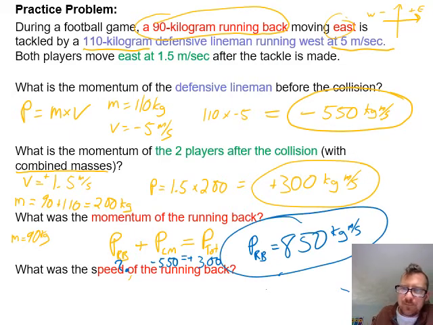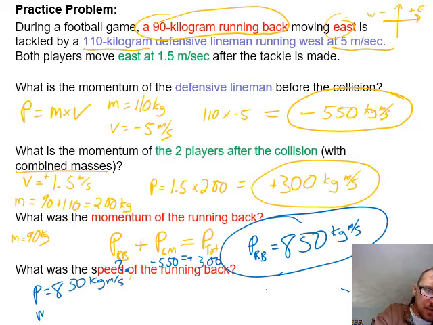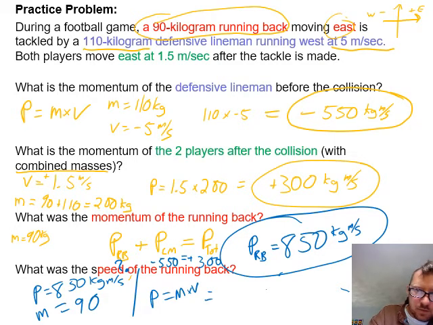And this is kind of the complicated version of these momentum problems, in case you haven't realized. And our last step is to say, well, if I know the momentum is 850 kilogram meters per second, and I know the mass is 90, well, from here I can just say momentum is mass times velocity, and I can figure out, well, velocity would be momentum divided by mass, and that's 850 divided by 90.